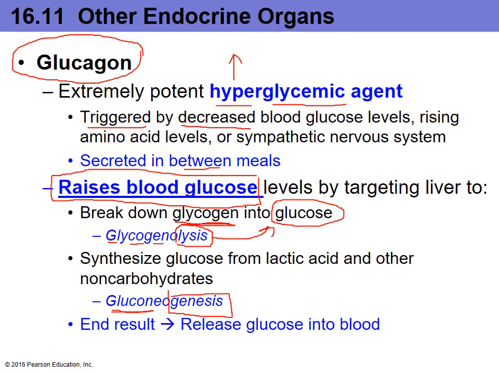So you're going to create glucose from these alternative non-carbohydrate sources. Either way, whether you are pulling apart the glycogen or creating the glucose from the non-carbohydrate source, your end result is that glucose will enter into the bloodstream and your glucose level goes up. So therefore, glucagon is a hyperglycemic agent.